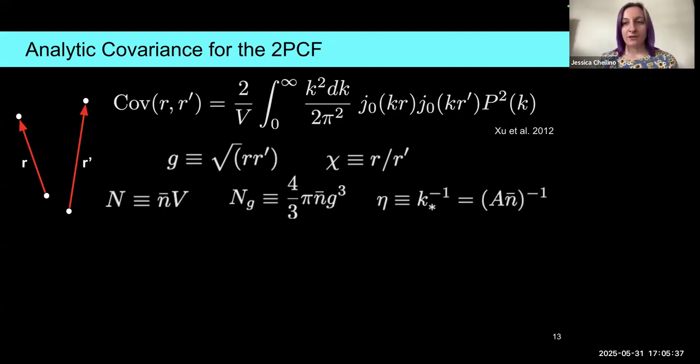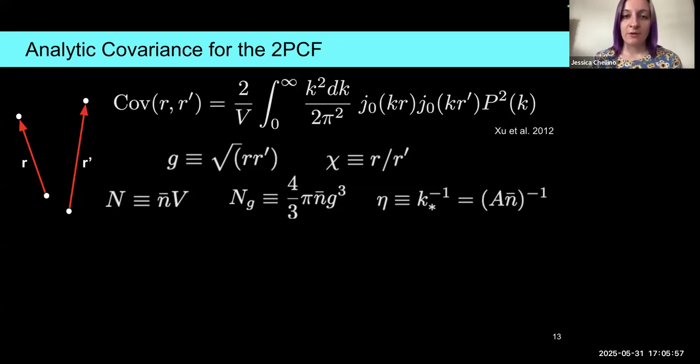We also have physically relevant quantities such as n, which is the number of galaxies in our sample, and G, which is the number of galaxies within a sphere with radius set by the geometric mean of r and r prime, and eta, which tells you about the scale of cosmic variance shot noise equality.